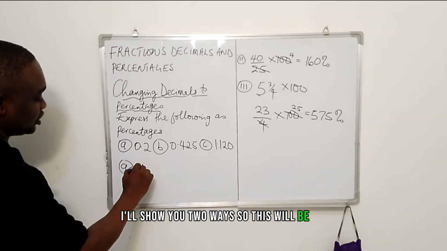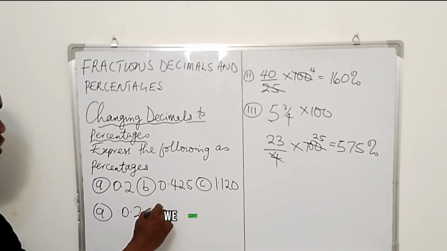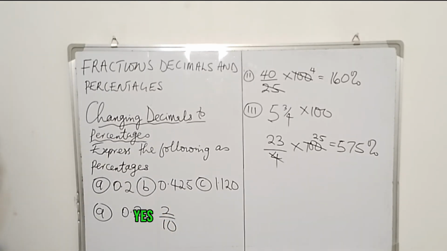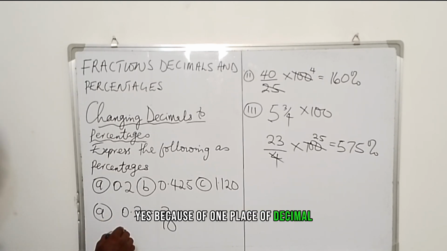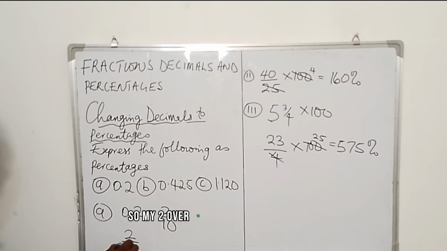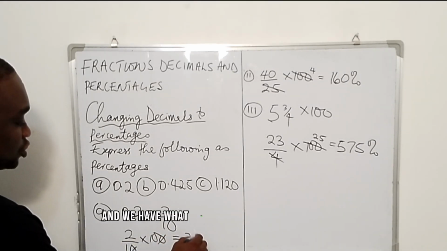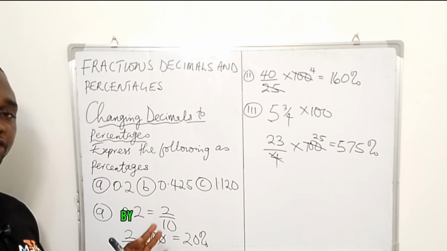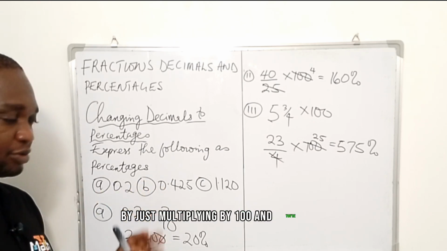So 0.2 we know is 2 over 10, because of one place of decimal. So my 2 over 10 times 100. 0 cancels 0, and we have 20%.